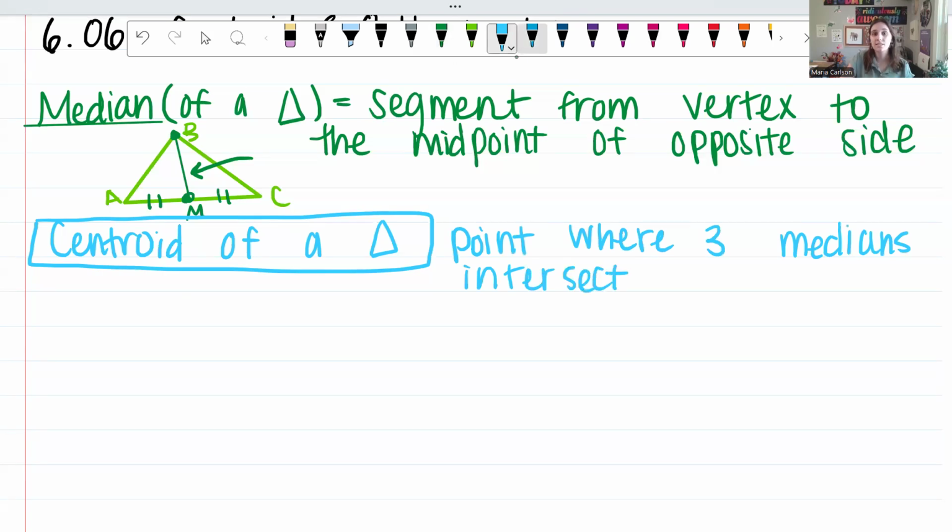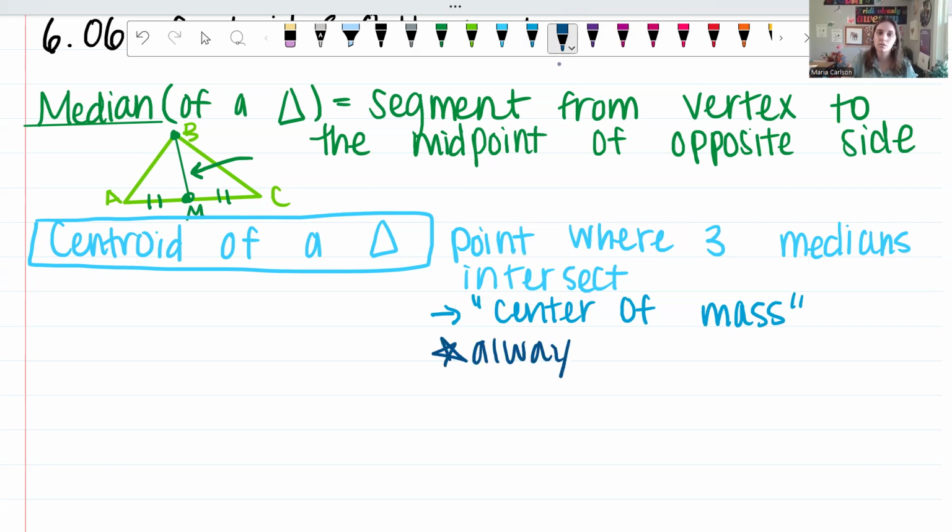This point is sometimes known as the center of mass for the triangle, or the center of gravity within that triangle, because we could balance the triangle on that point. And that's why it gets that name. It will always be inside the triangle, in the center.